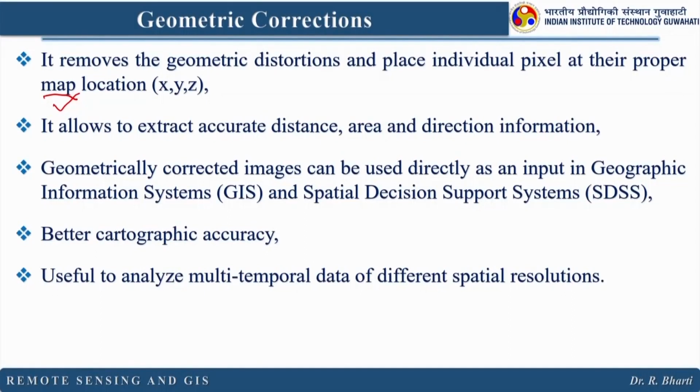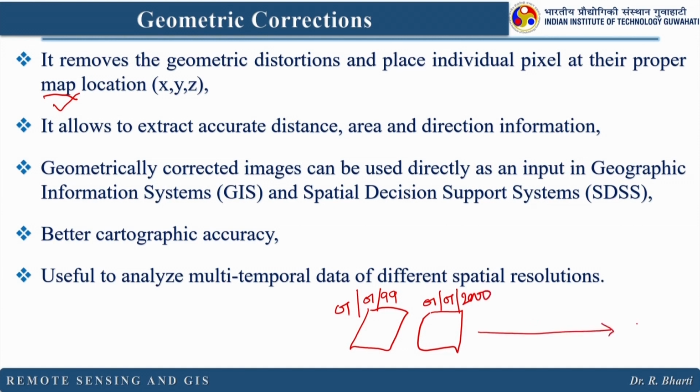It is also useful to analyze multi-temporal data of different spatial resolution. So, if you have measured an image of maybe the IIT Guwahati campus on, let us say, 1st January 1999, then a second image on 01/01/2000, right. Then likewise you have 15 years of data.